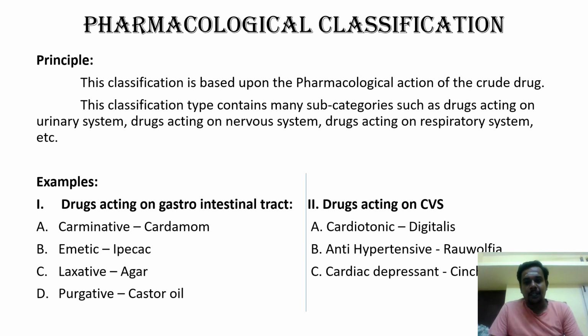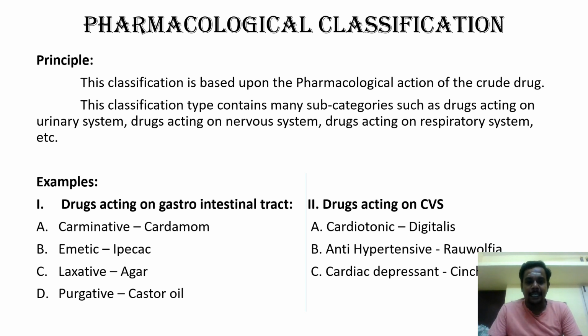Those acting on our cardiovascular system will come as a subcategory. Those acting on our respiratory system will come as a subcategory. Like that it will go on, right? So in pharmacological classification there will be many subcategories, and each subcategory denotes a particular system in our body.